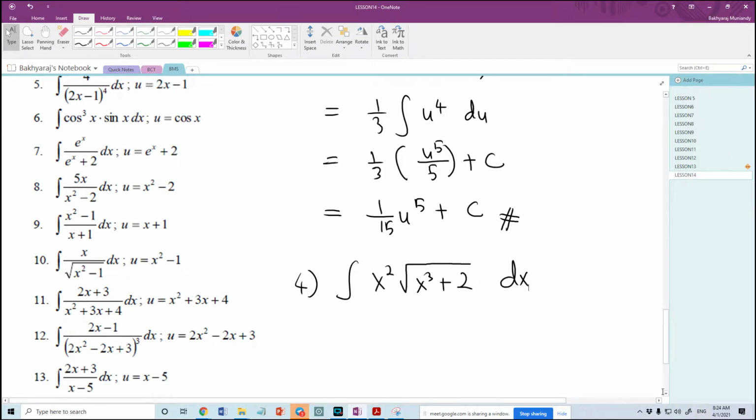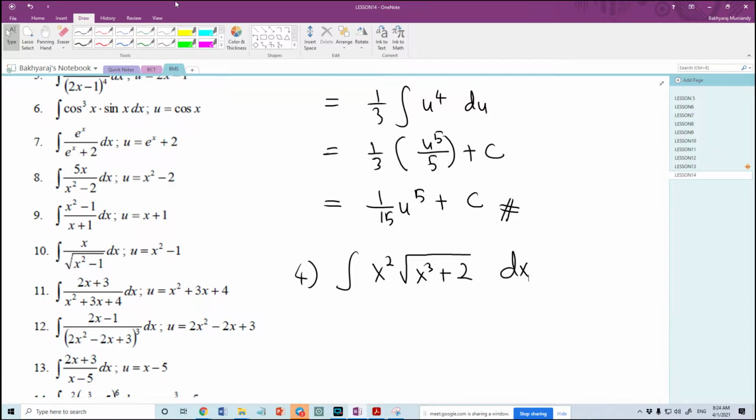So here you get what? U is equal x power of 3 plus 2. Now differentiate the u and get in terms of dx. Give me the answer of dx. What is the answer dx?